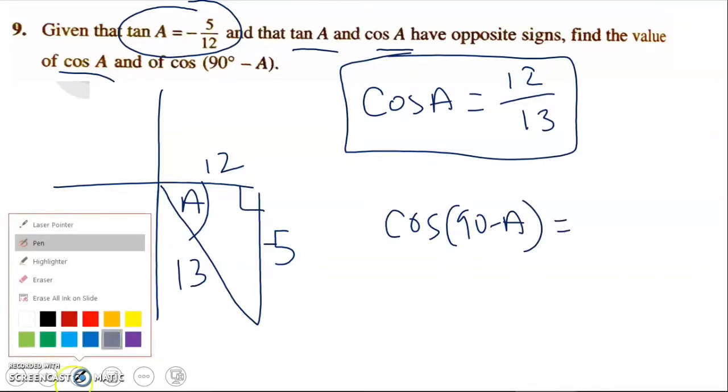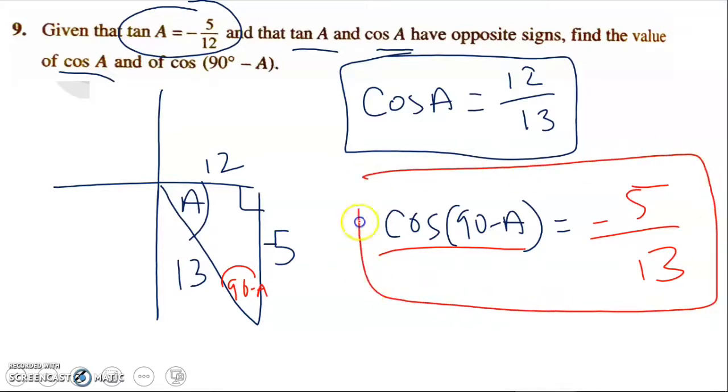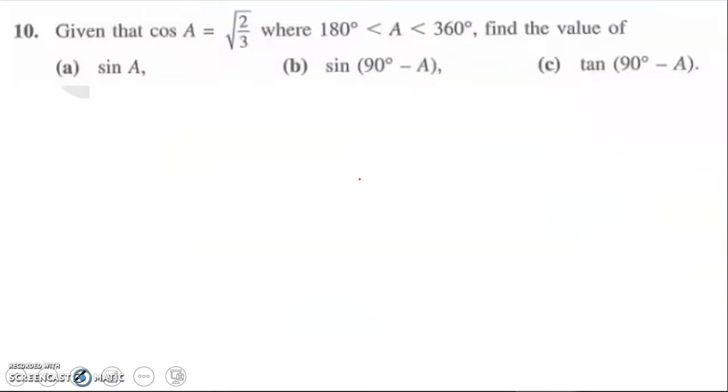So cosine 90 minus A is right here, because again, your triangle has to equal 180 degrees. Cosine 90 minus A is negative 5 over 13. Remember, cosine 90 minus A is the same thing as sine A. Okay, one of those identities you have to remember. So here are two of your answers for number 9.